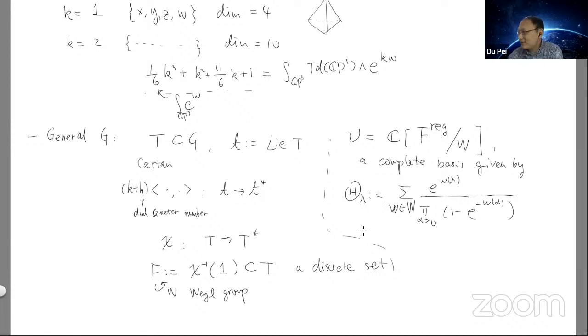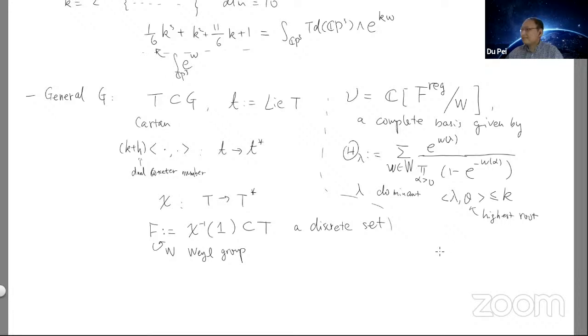If you have chosen lambda to be dominant, with the condition that the product between lambda and theta, where theta is the highest root, is less than or equal to K. And then there's a natural algebra structure because you can multiply functions.